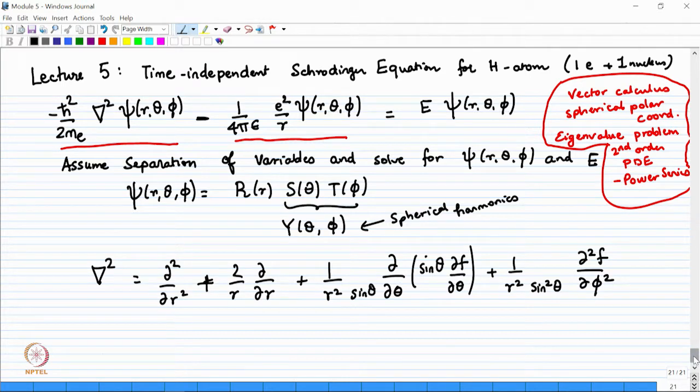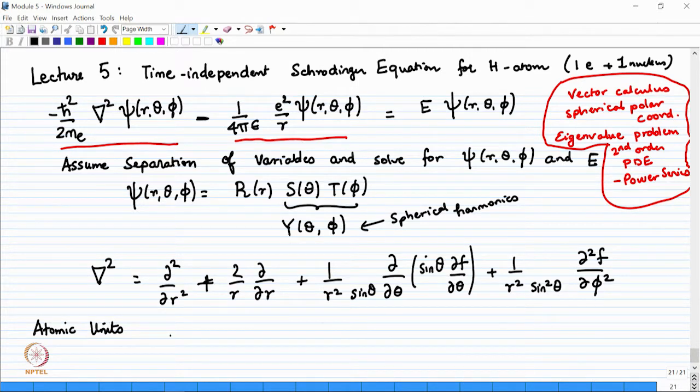Before we go to solve this equation, we see all these constants, h, 2m e, 4 pi epsilon, e square. So what we will do is use what are called atomic units, and we will set all these constants to 1.